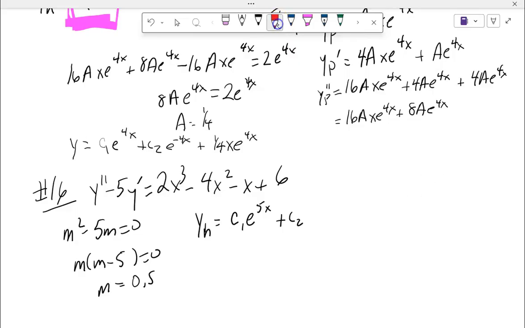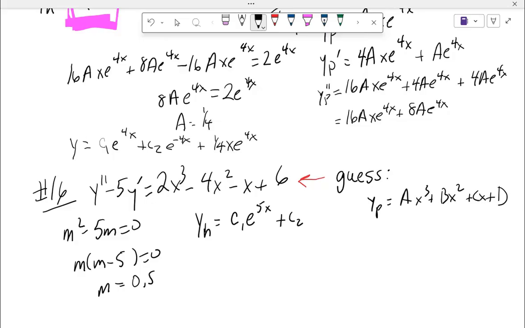Now again, looking at the right-hand side of the equation we're trying to solve, what do you think a good guess would be for your y sub p? Plus a d, yeah, good.